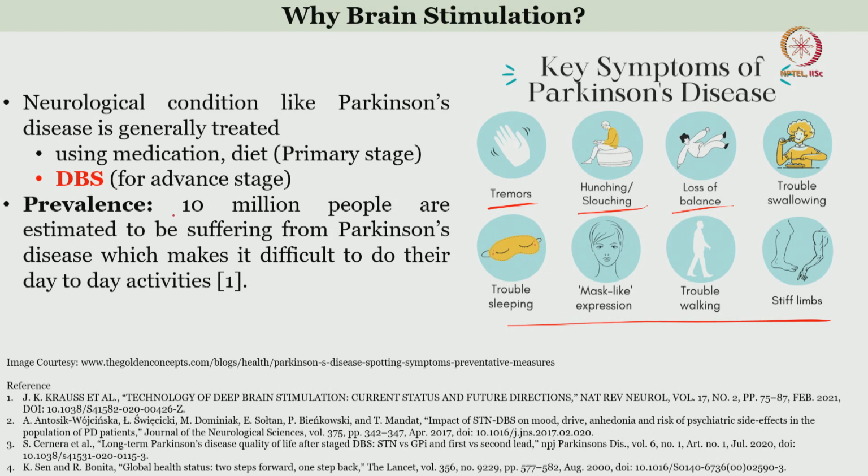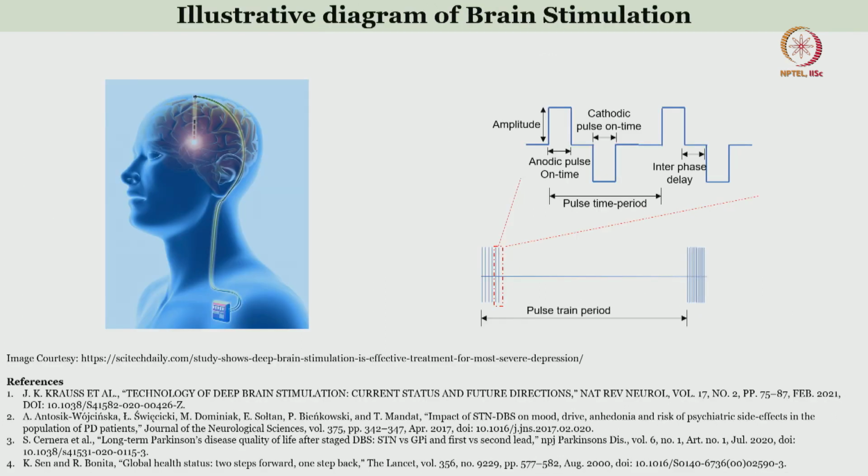Currently, these are the statistics. So many people are suffering from Parkinson disease and other disorders. In DBS, what is done is this. There is an implant here, and these structures are electrodes, 1, 2, 3, 4, four electrodes, supplied with electrical energy using a biphasic pulse generator.